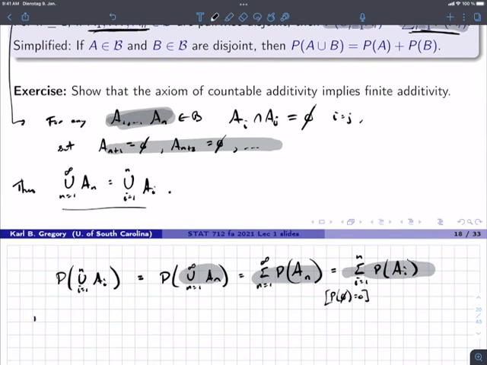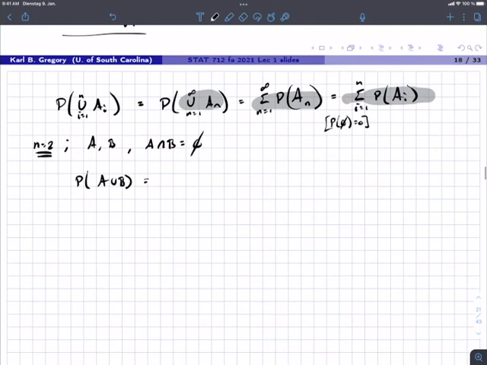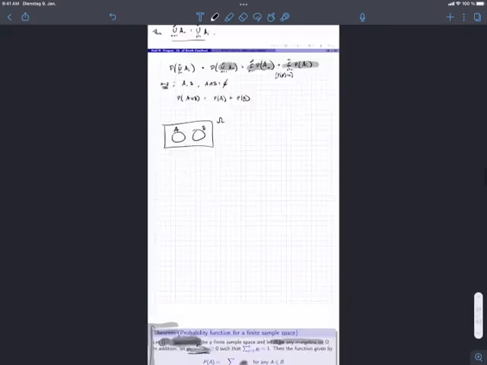So if I have just n equal to 2 and my events are A and B, then I can say the probability of A union B, where A and B are disjoint, so we're talking about A and B not overlapping, is just the probability of A plus the probability of B. We use this all the time. All the time, all the time.